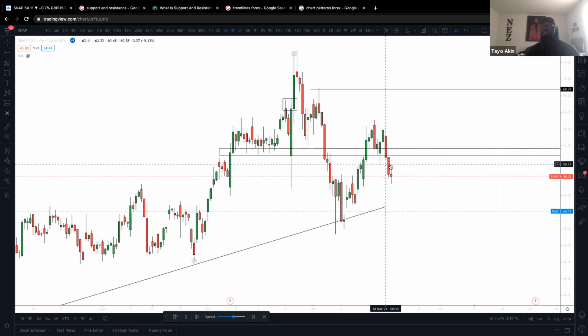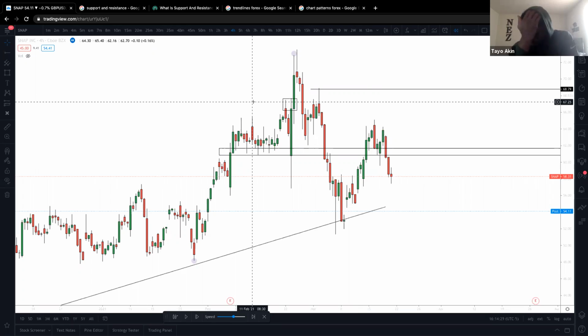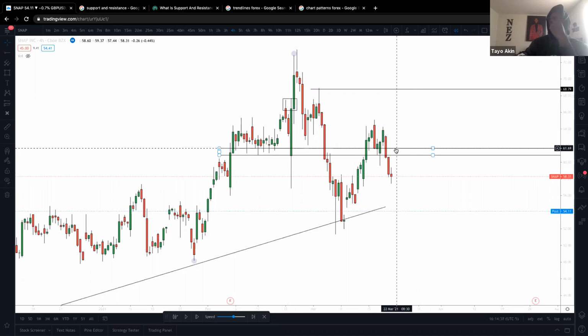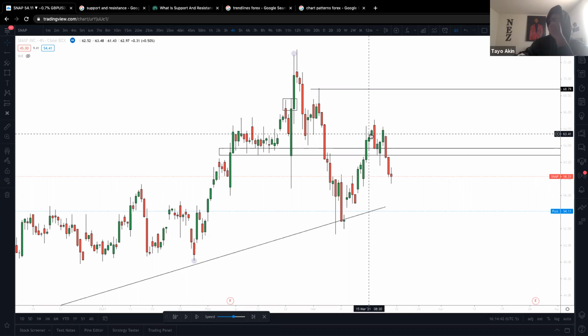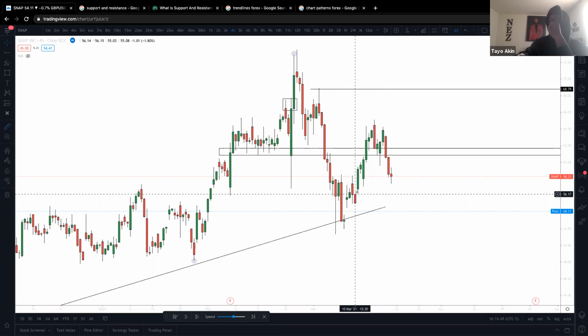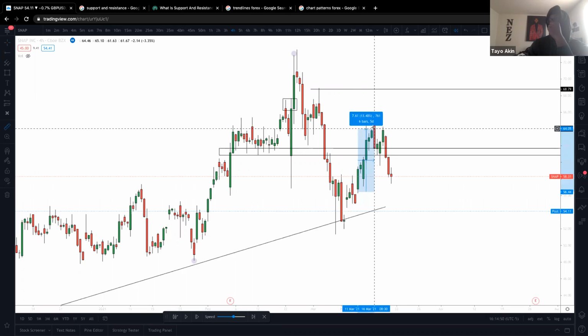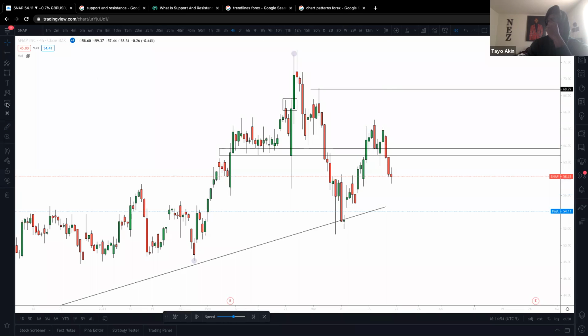I'm starting to see too much selling momentum. There's this thing, it's just simple math: 1 + 1 = 2, 2 + 2 = 4. Basically, you're going to see how 1, 2, 3, 4, 5, 6 bars.